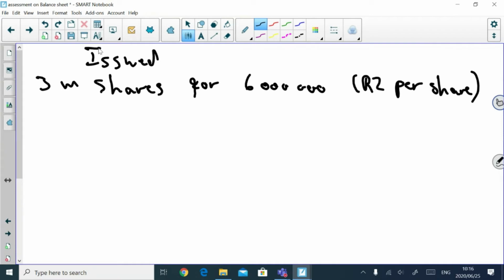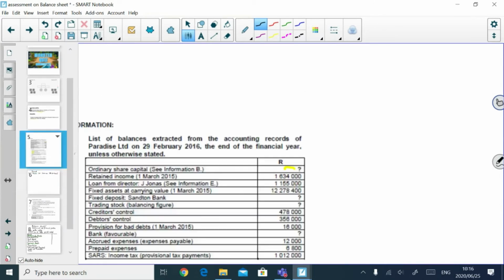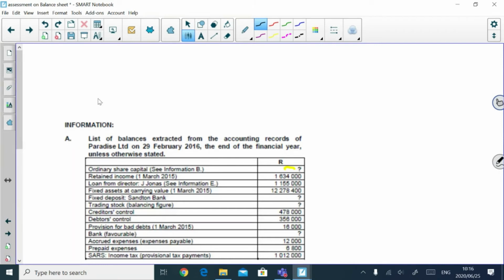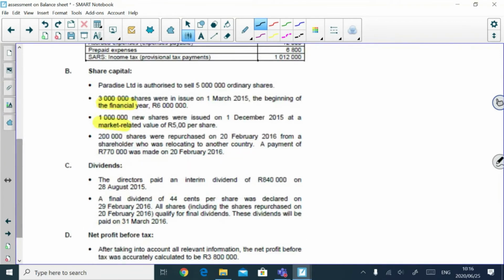Then we continue. It says here 1 million new shares were issued on 1st December 2000. That event occurred during our financial year, and now the ones that were sold on market value, 4.5.